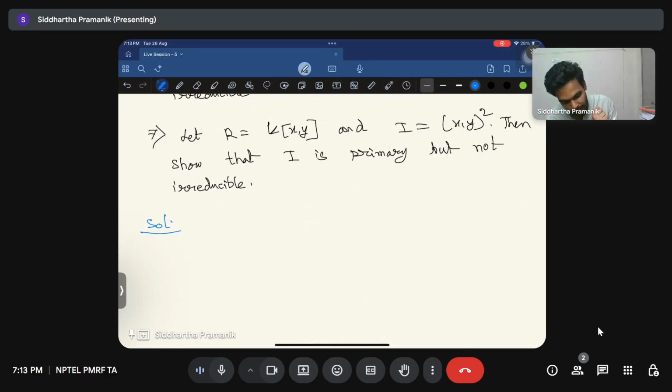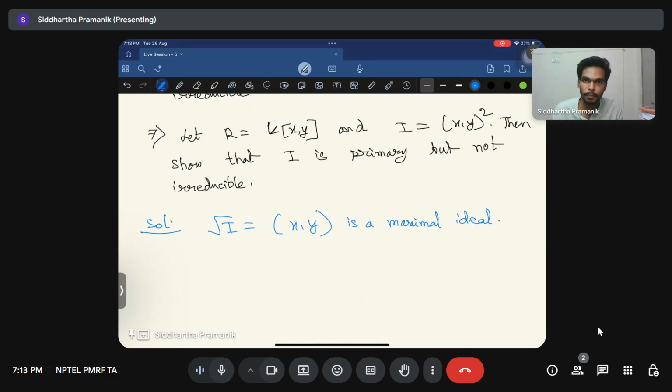So observe that if we take the radical of I, then it is just (x, y), the maximal ideal. So if the radical is a maximal ideal, then it has to be a primary ideal, which we already know from the lectures.